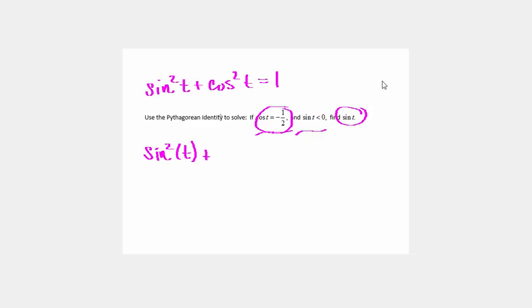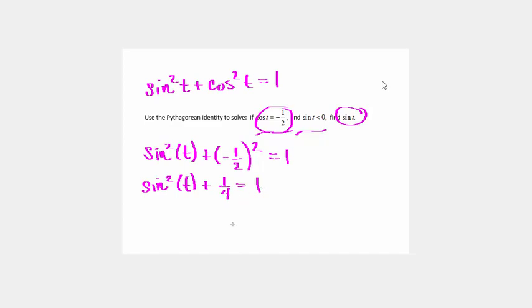So instead of cosine squared of t, I'm going to write negative 1/2 for cosine, but then of course it's squared, and I'll set that equal to 1 to finish out our equation. So all we're doing is substituting the known value of cosine in its place in the formula. Now let's do a little bit of the algebra just to simplify this expression. This of course would mean that sine squared of t plus negative 1/2 in parentheses squared would be positive 1/4. So that's all equal to 1.